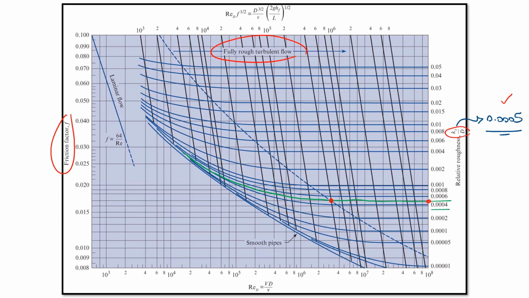So what I'm going to do is simply consider this as a straight line and continue on this straight line until I have an F value. So this is the point. So I'm going to consider my first guess, my first friction factor, to be 0.017. Okay, remember that this is our first guess.